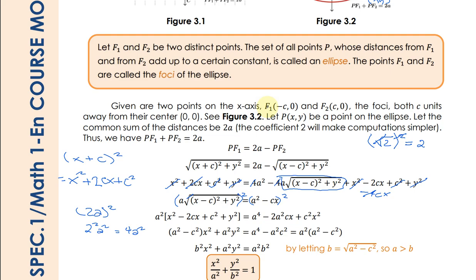That is equal to kani siya mura siya kaning method, no? Square the first term, so a squared raised to the power of 2, that is equal to a to the power 4 minus multiply lang ning duha times 2, so that is negative 2a squared times cx, then square the last term, so that is equal to positive c squared x squared, no?